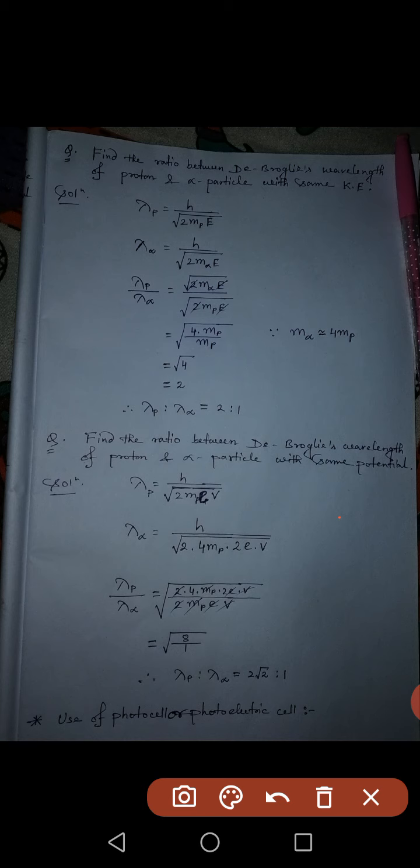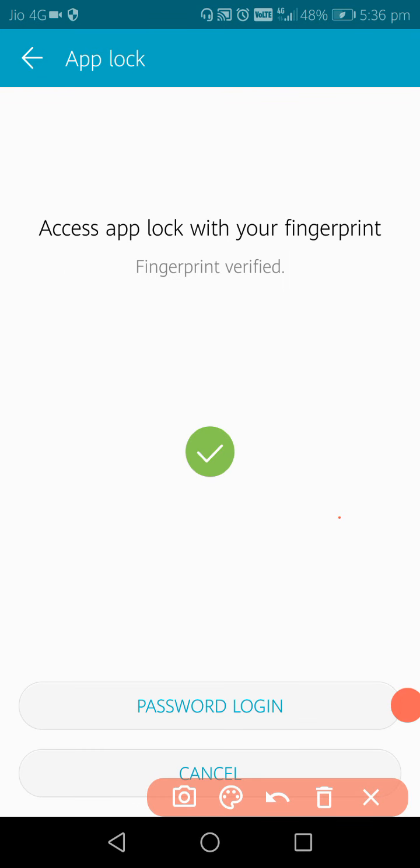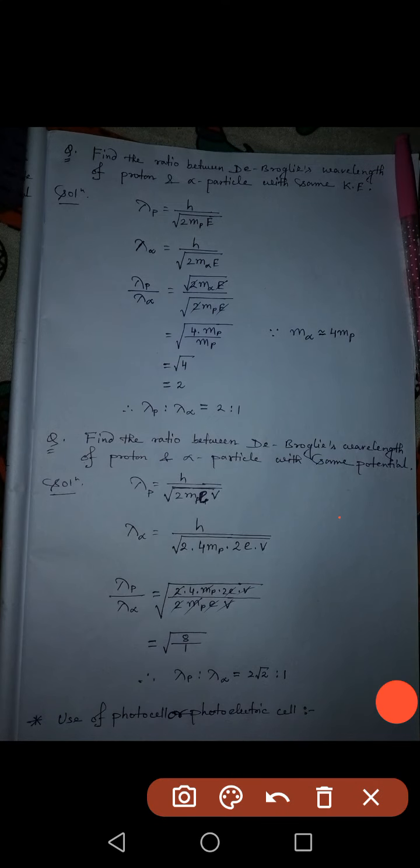So one use of photocells is to switch street lights on and off. Another is in burglar alarms. Then in an auditorium, it is used as a counter. As a counter means it counts how many persons are entering a conference hall. In this way it is used.